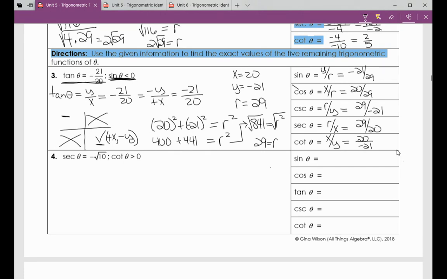So the hardest part is determining what quadrant you're in so that you can assign the negative to the right value. In this particular problem, number 4, the last problem I have for right now, for secant, I need the two quadrants where secant is negative.